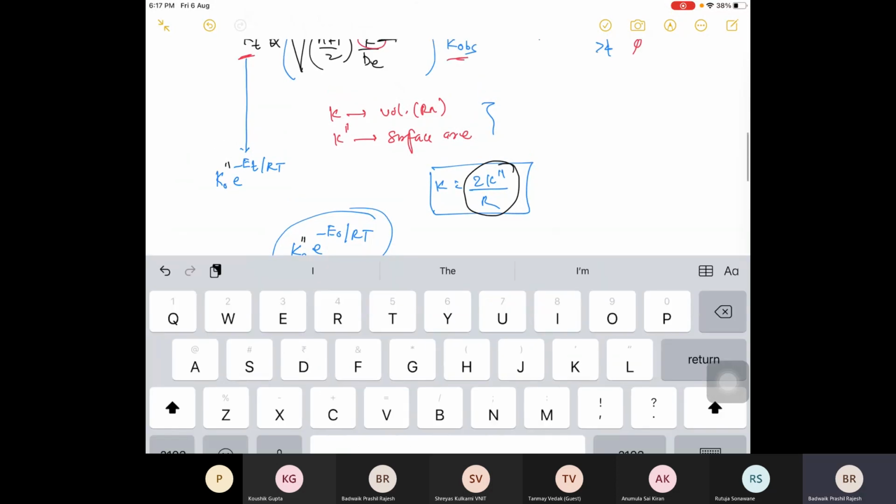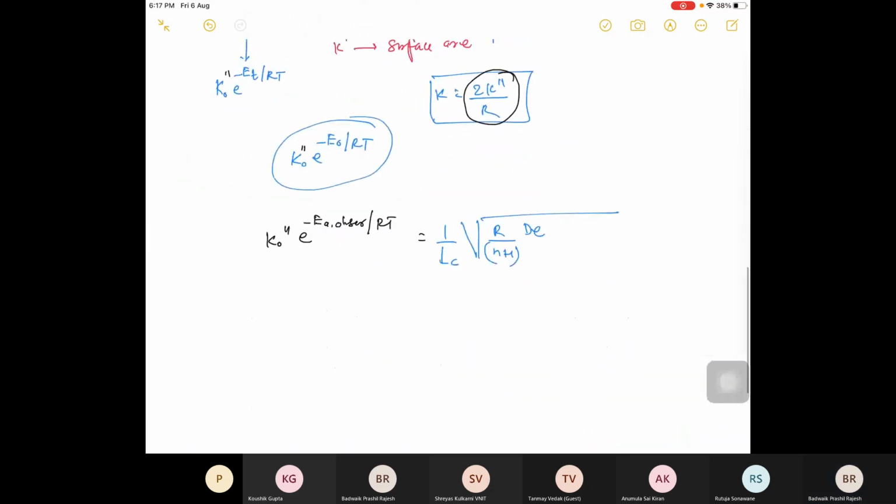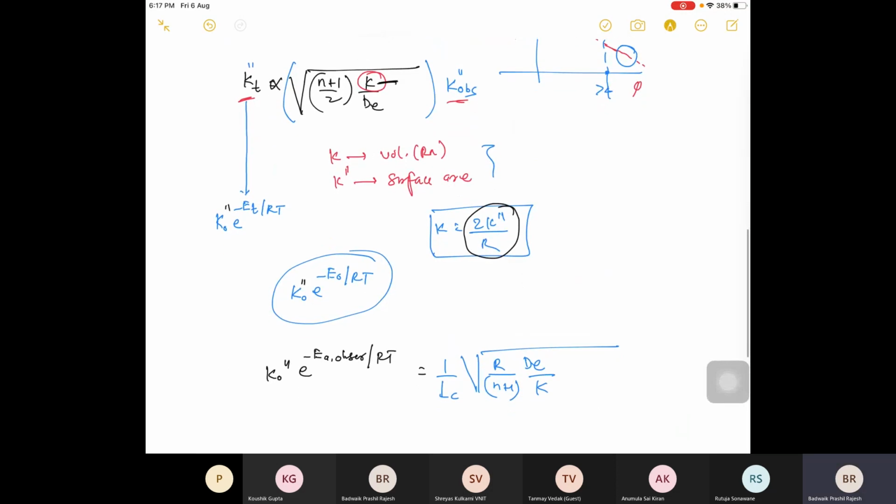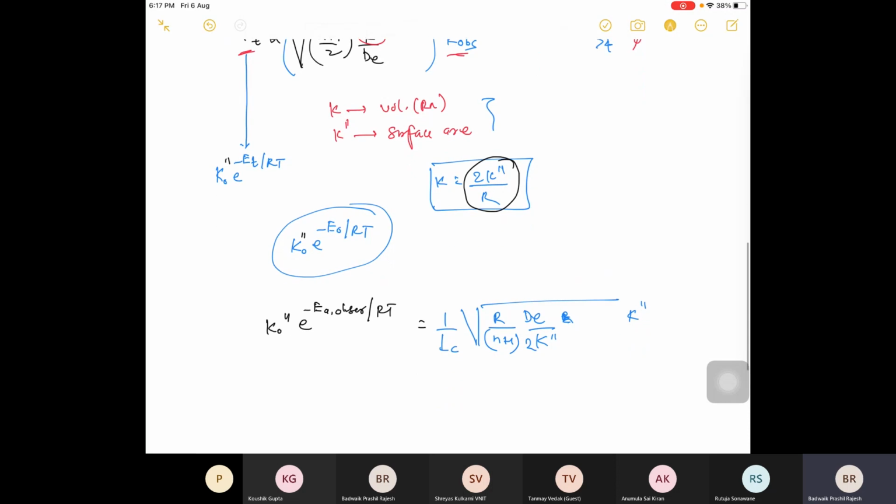So there will be a diffusivity term divided by K, and you are replacing this as 2K double dash divided by R, and there will be K double dash here.